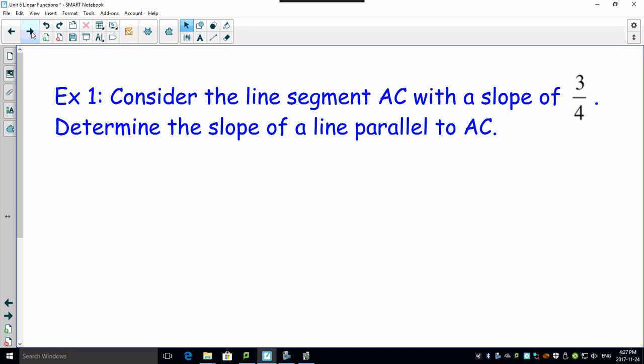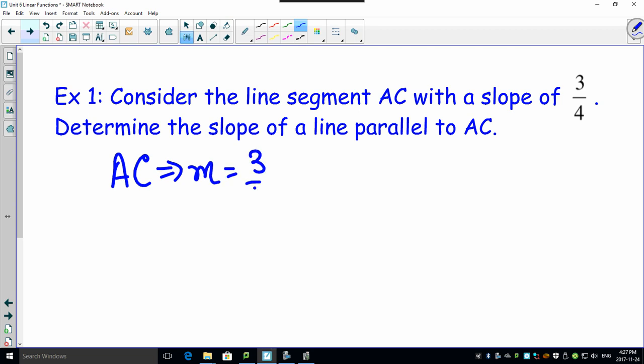Okay, so now let's put this to use. Here's a neat example. It says, consider the line segment AC with a slope of 3/4. I want you to tell me another line that is parallel to AC. Well, if AC has a slope that is 3/4, give me another line. Let's call it QR.